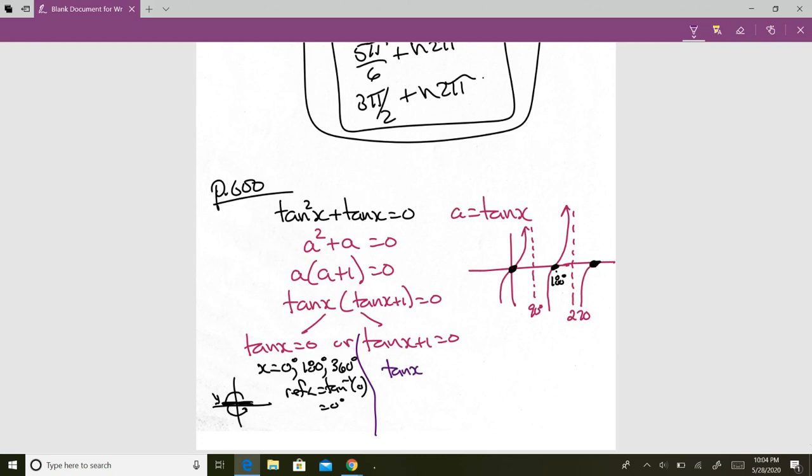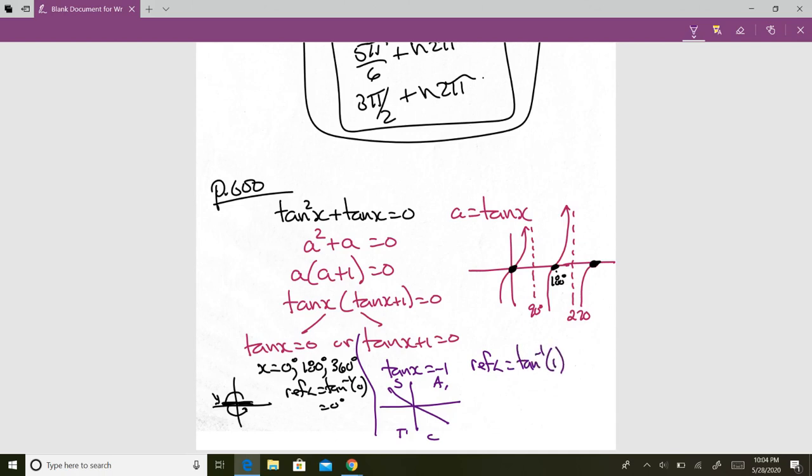Tan of x, move the 1 over, equals -1. Now, you can't do that off the graph. It's a little trickier. So we're going to use our add sugar to coffee. Where's tan negative? Add sugar to coffee. Tan is positive in the first and third, therefore it's negative in the other two. Find your reference angles, which is going to be tan inverse of 1.